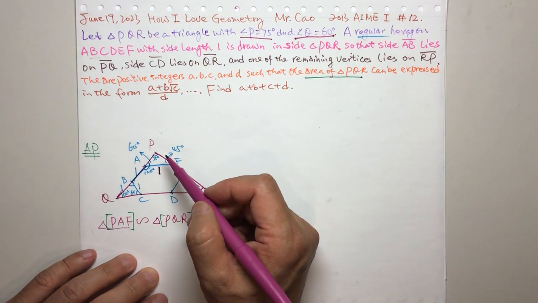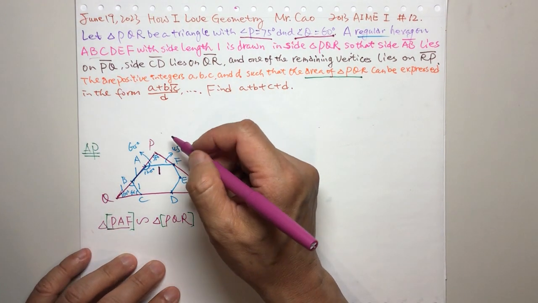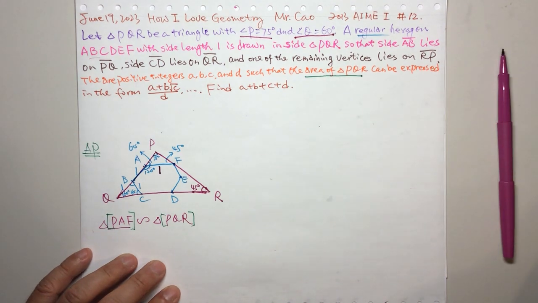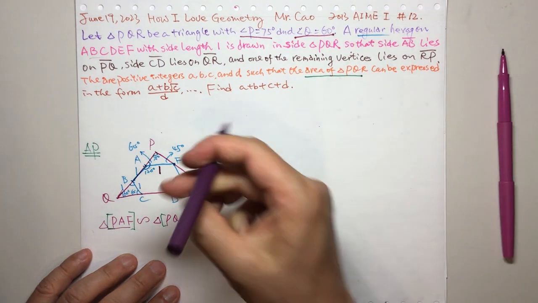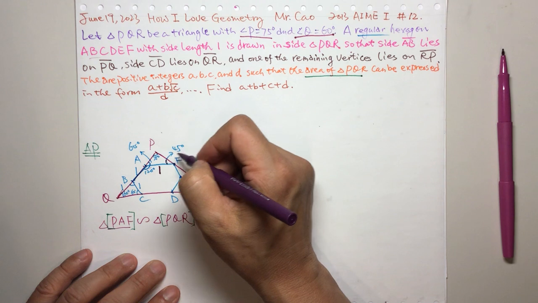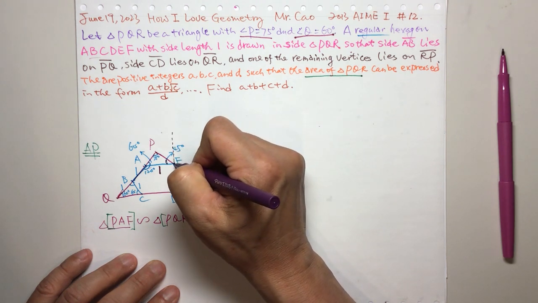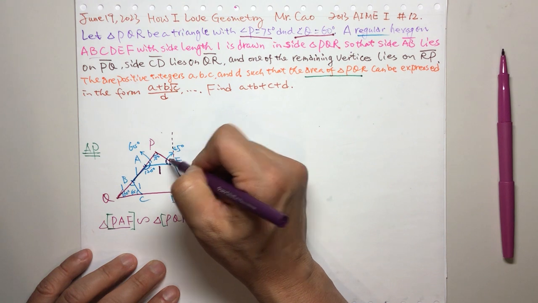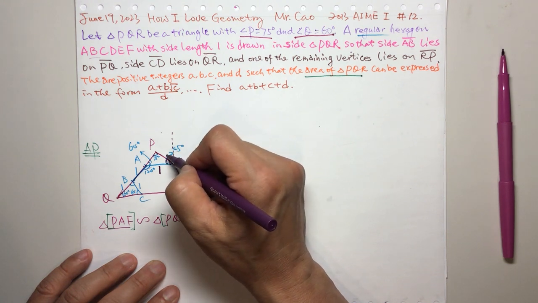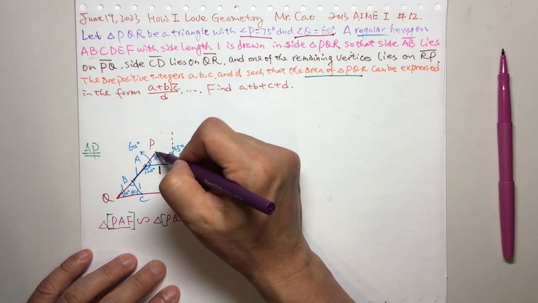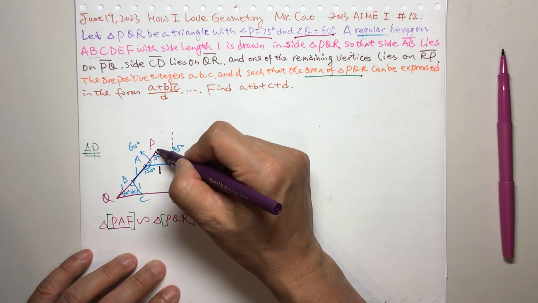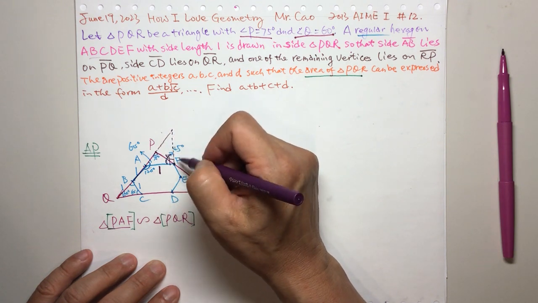And another idea is pure geometry. Because this is 45 degrees, we want to add another 45 degrees, then we will get a right triangle and another 45 degrees. So it's the angle bisector theorem we can use.